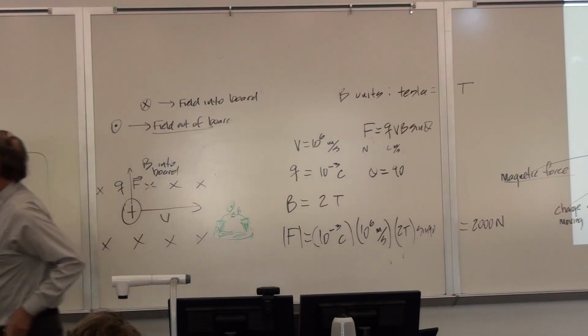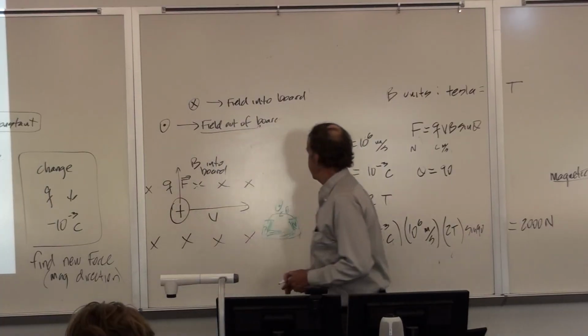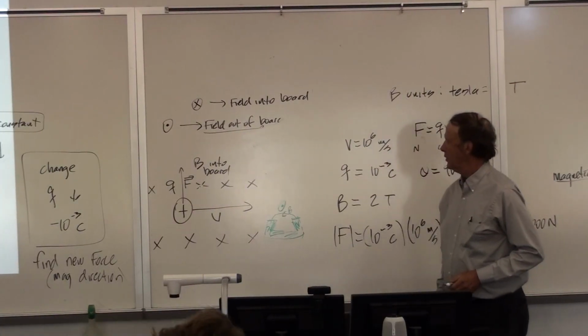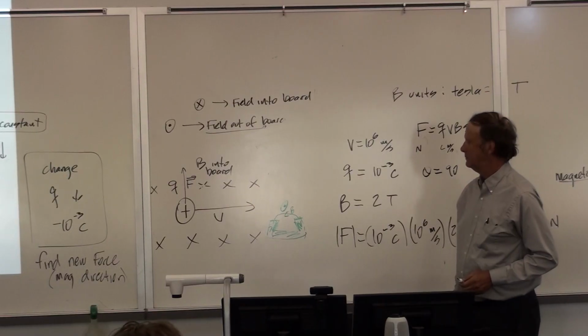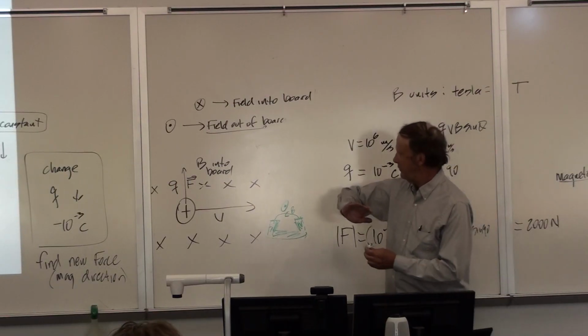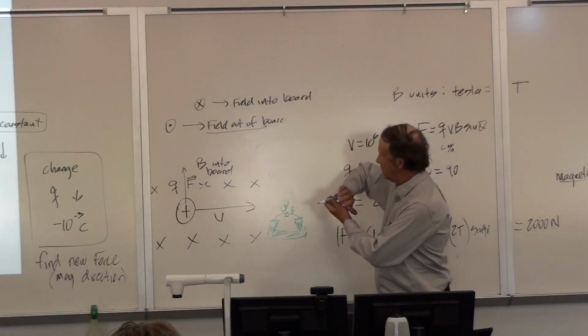Okay, so if it's going to the left, and the velocity is out, then what direction are we expecting the force to be acting? Okay, so this is going to be V cross B, right?